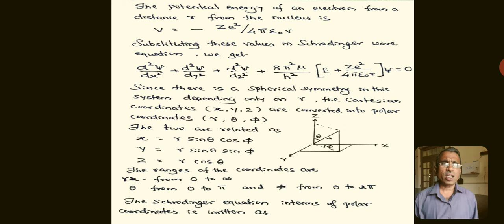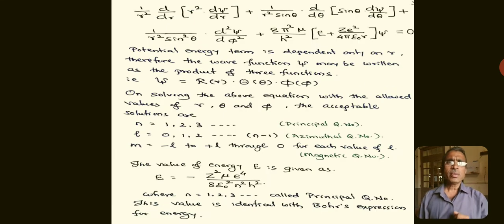The Schrödinger equation in terms of polar coordinates is written as 1 upon r square into d by dr of (r square into d psi upon dr) plus 1 upon r square sin theta into d upon d theta of (sin theta into d psi upon d theta) plus 1 upon r square sin square theta into d square psi upon d phi square plus 8 pi square mu upon h square into (E plus Ze square upon 4 pi epsilon naught r) into psi is equal to 0.